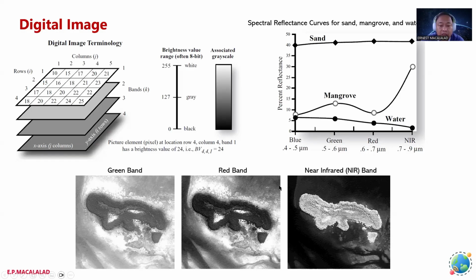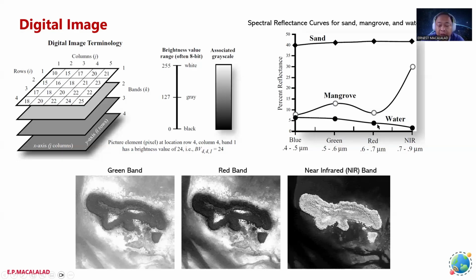So if we use this simple information and this graph, we can see that among the three items here, sand, mangrove, and water, in the green band, sand emits a brighter green band than mangrove and water.